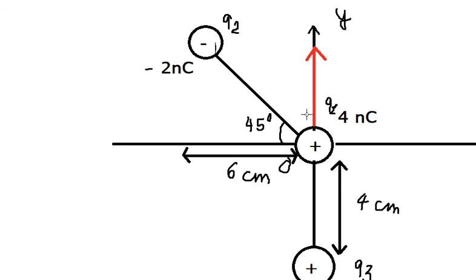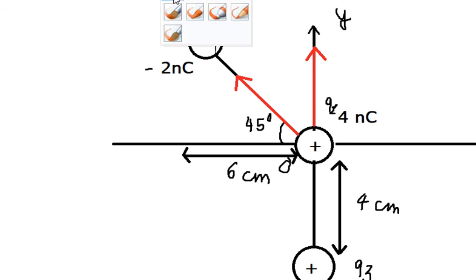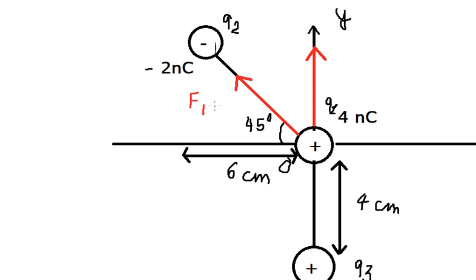We have negative and positive, so this is attract, go in this way. And we know that this is F12 and F13. So we want to find the force F number 1 going this way in here.